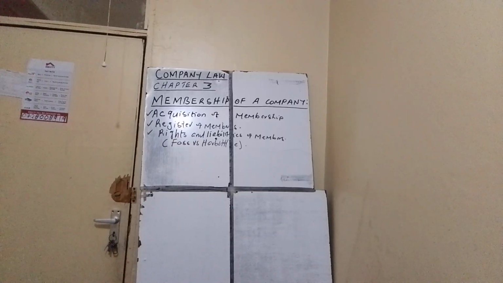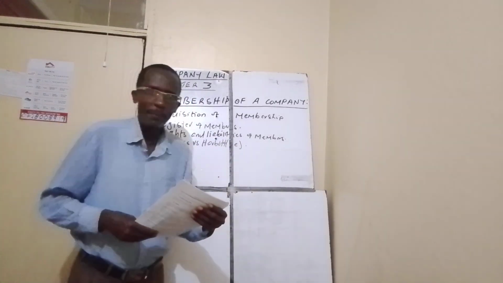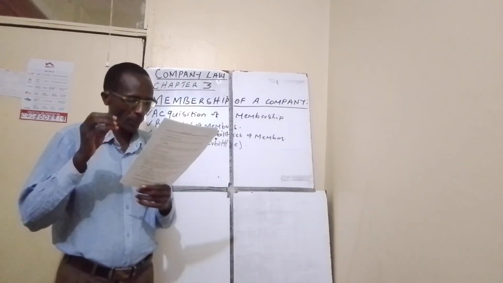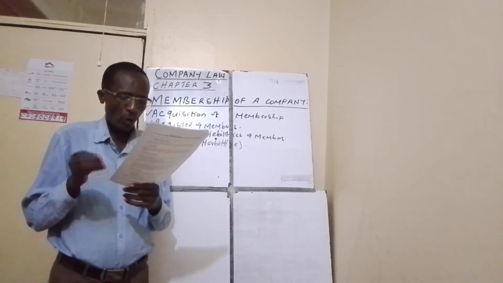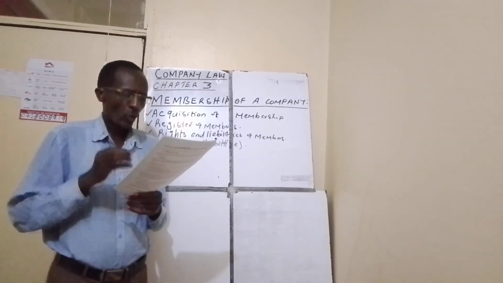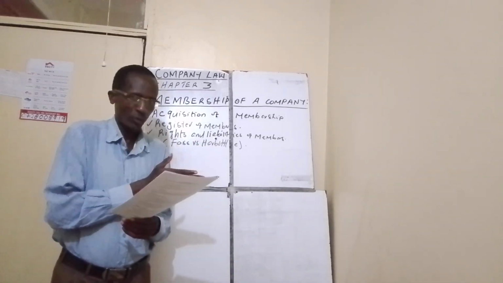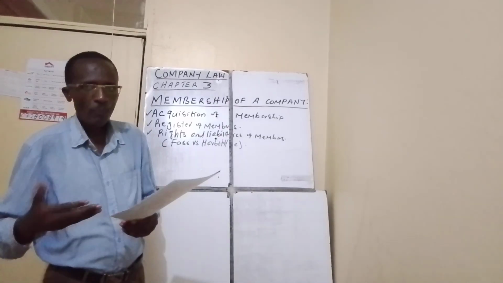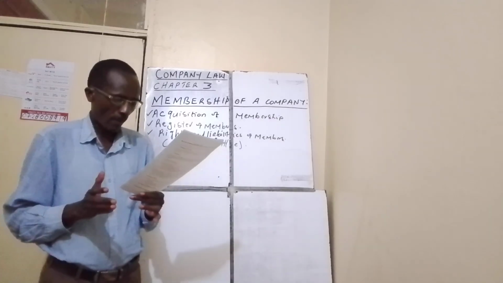And they are the ones which constitute corporate membership rights. So corporate membership rights are rights conferred by law on members as a group. Whereas individual membership rights belong to an individual person, corporate membership rights belong to the members as a group.